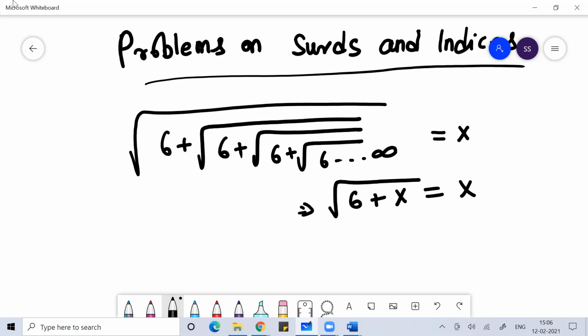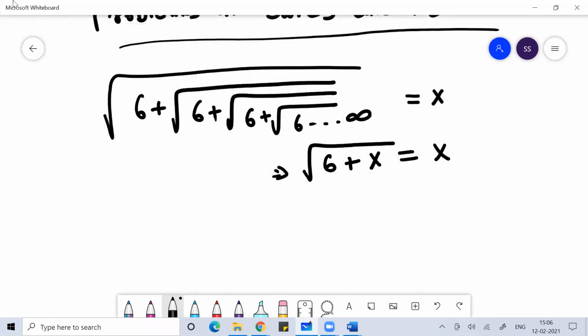Okay, so once you're clear with this part, if I do squaring both sides, I can say 6 plus x equal to x square.